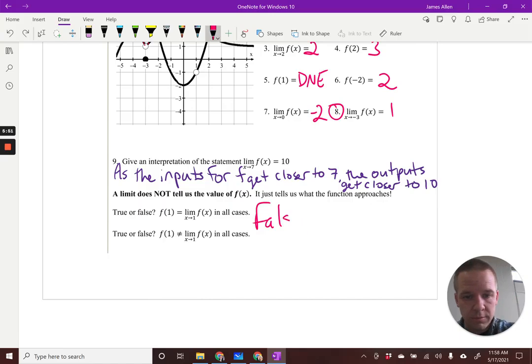Sometimes it'll be true, sometimes it won't. It just depends. We've had cases where it's true and cases where it's false already in our first little introduction. True or false? F of 1 is not equal to the limit of f of x as x approaches 1. Again, it could be true, but it might not be true. That is false once again. Glad we have that covered.